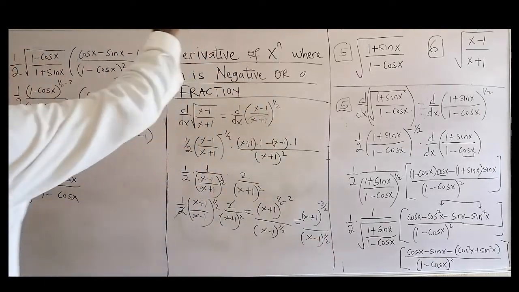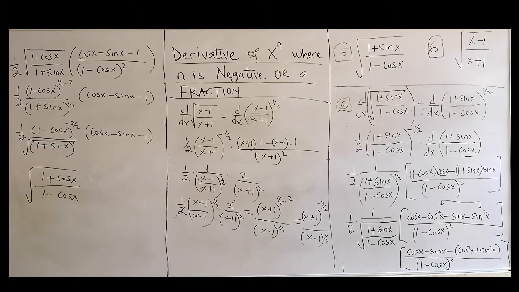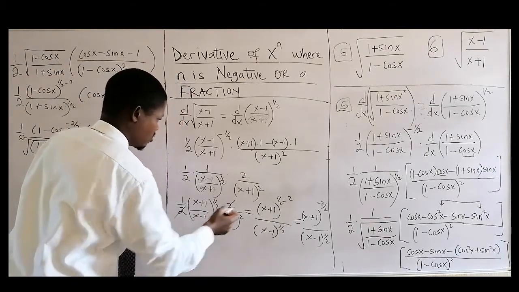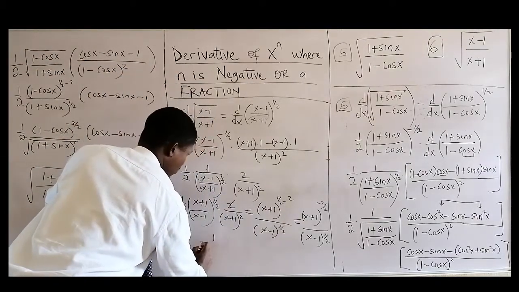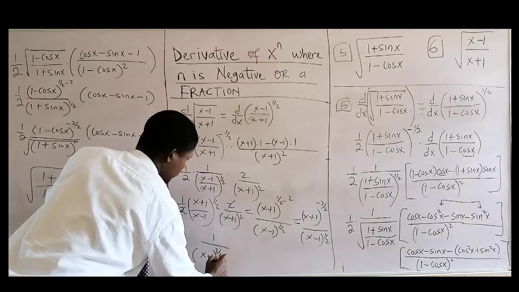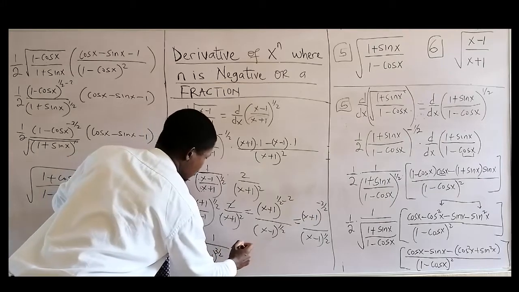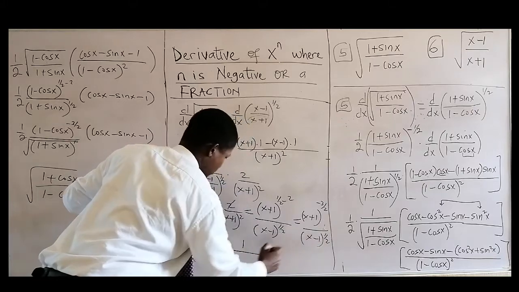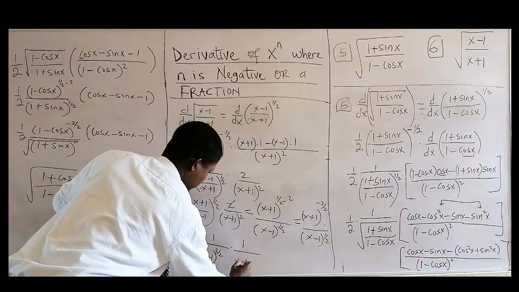So that's the answer, except if you want to remove the negative exponent. If you want to remove the negative exponent, it's very simple. It will be equal to 1 over x plus 1 power 3 over 2, and then times 1 over x minus 1 power half.